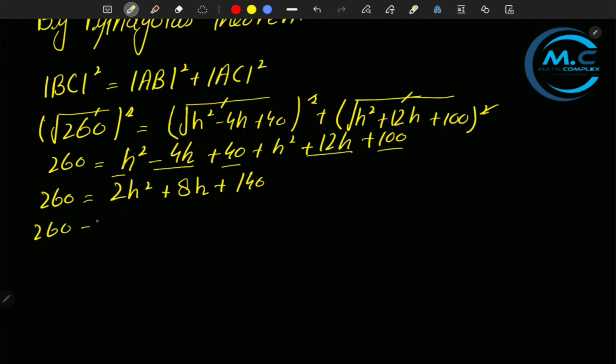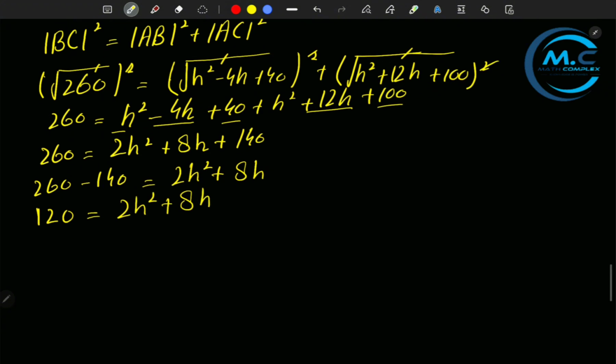Shifting 140 on the other side, it will become minus 140, 2h square plus 8h. After subtracting 140 from 260, it will give 120, which is equal to 2h square plus 8h.